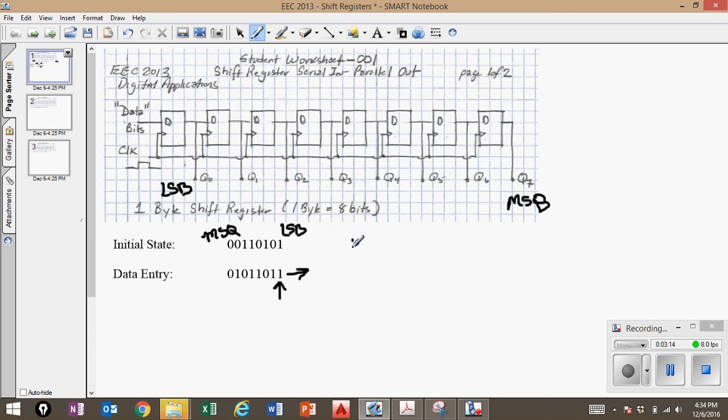We're going to assume that we're going to use 4 clock pulses, and we're going to find out the final binary number of the flip-flops after 4 clock pulses.